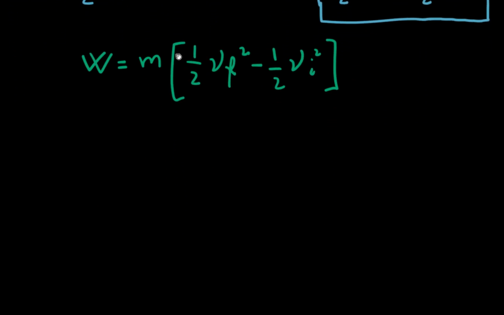And then I can distribute, and we can write it as 1/2 mass velocity final squared minus 1/2 the mass times velocity initial squared.